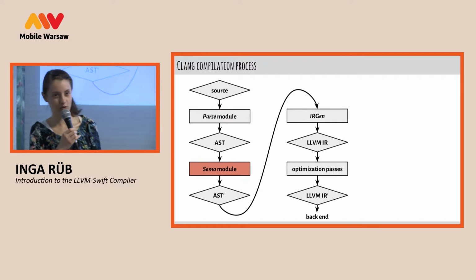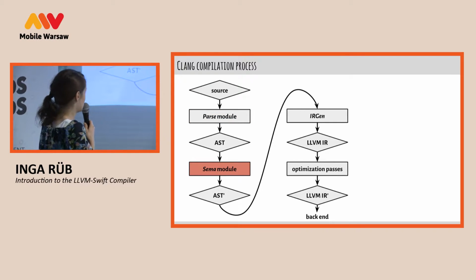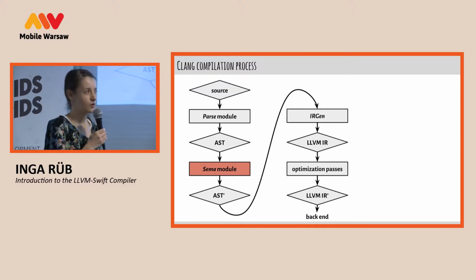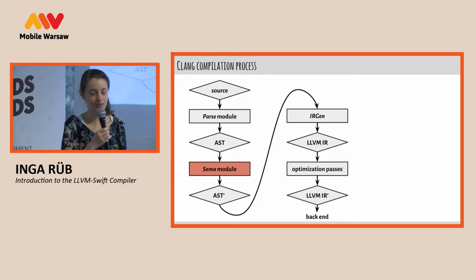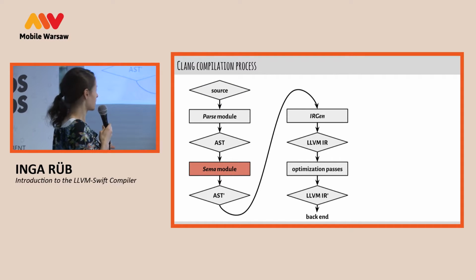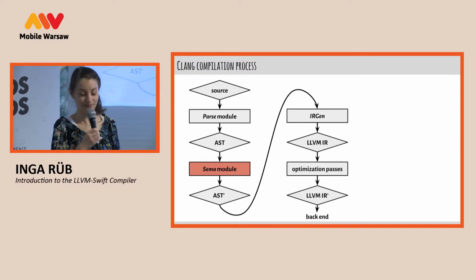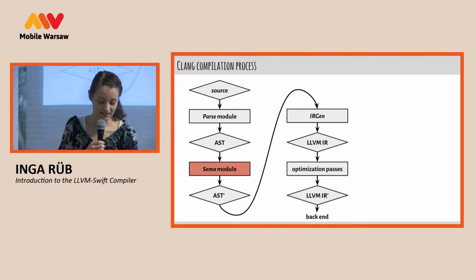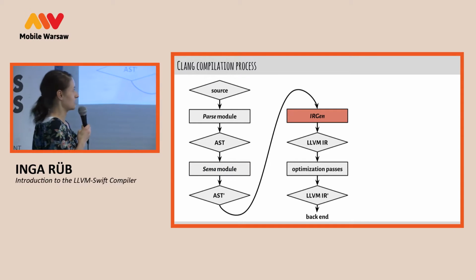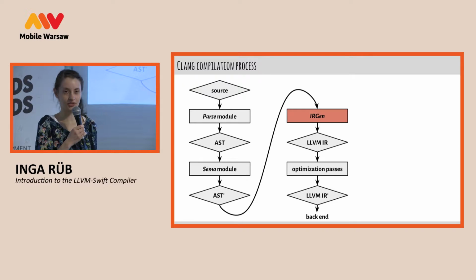And next you move on with your code to a semantics module, where you check types of variables and whether a function returns the correct type and so on. In this module we also add some annotations for the AST. And then what is interesting is that we move on to the module which is called the IR generator.